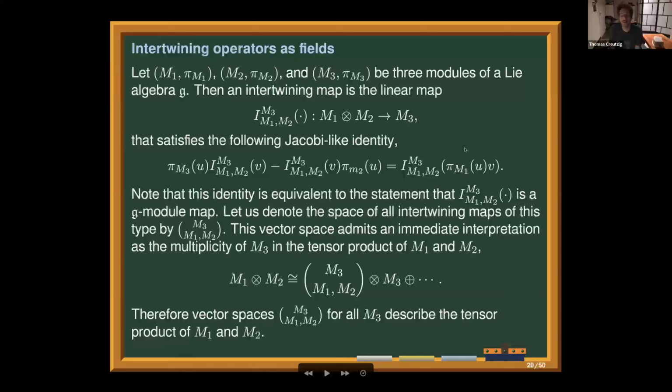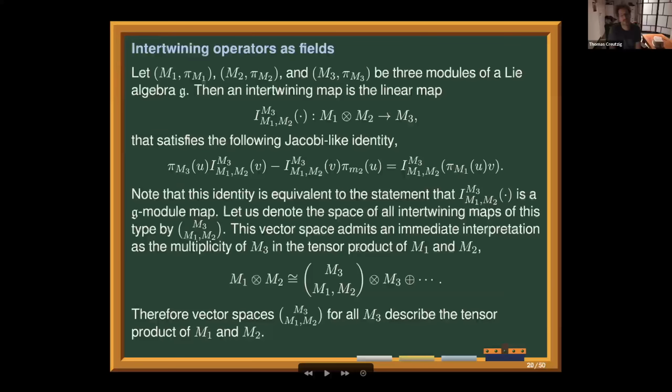And this Jacobi identity is exactly what you need to require in order for this intertwining map to be a map of representations of the Lie algebra, a g-module map, that is, for the map to respect the Lie algebra structure. In particular, if one denotes by this binomial coefficient symbol, with M1, M2, M3, the space of intertwining operators, then one can use this to get a tensor product decomposition.